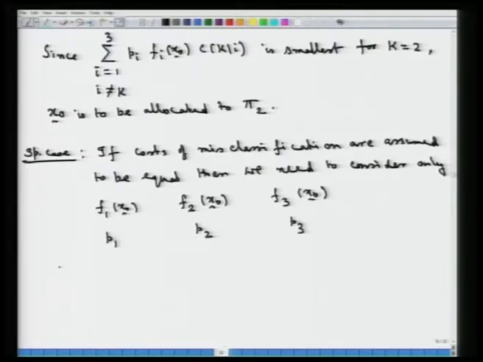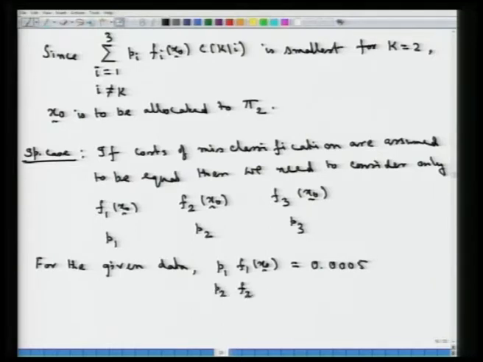Now, for the given data, we have the following quantities: P1 F1 x naught is equal to 0.0005, P2 F2 x naught for the given x naught is equal to 0.510, and P3 F3 x naught is equal to 0.7. So, we have these three quantities.